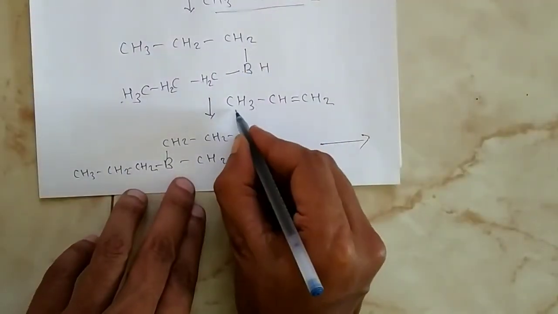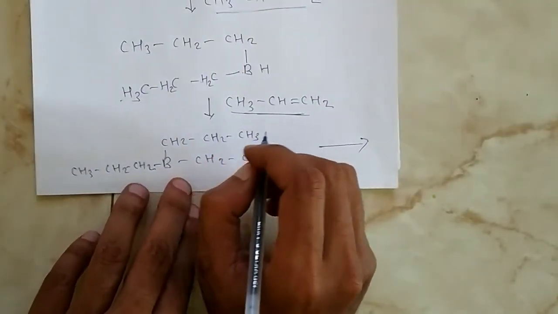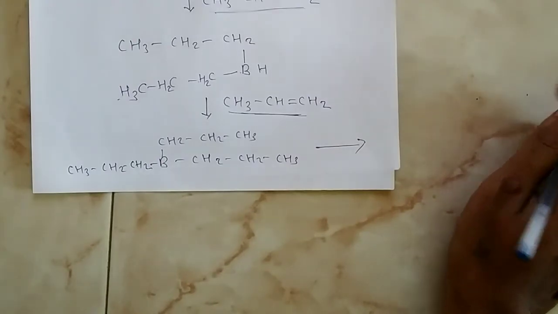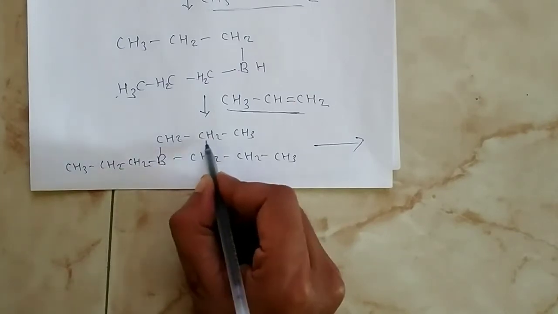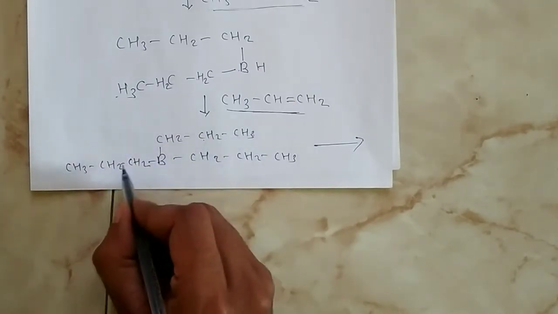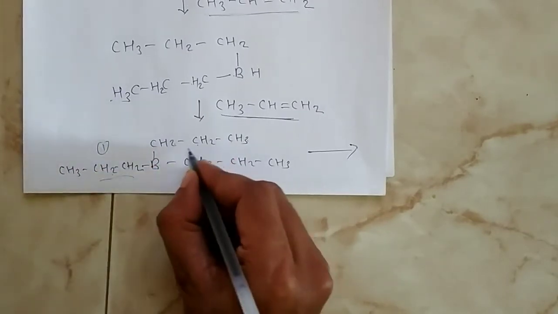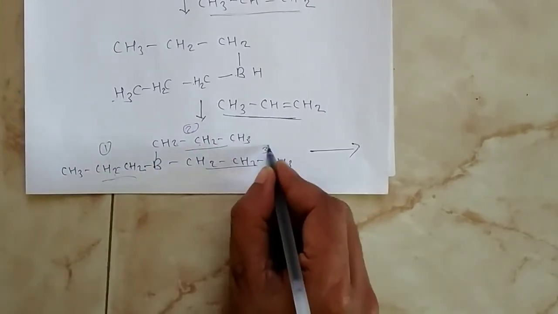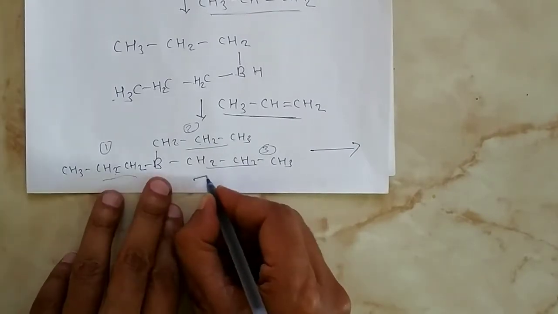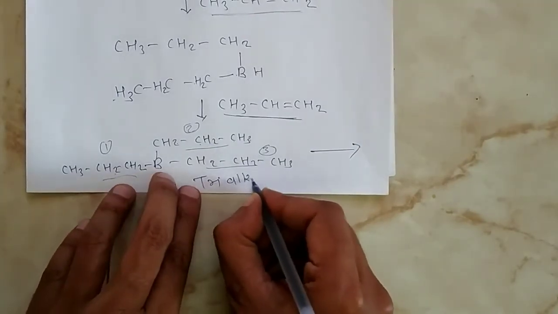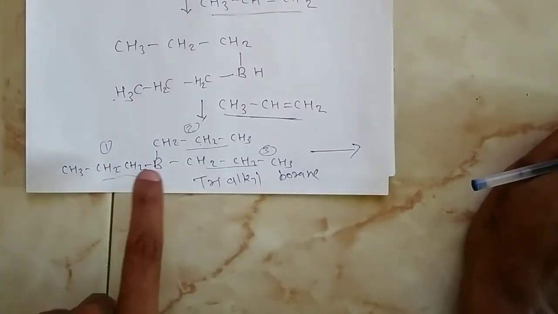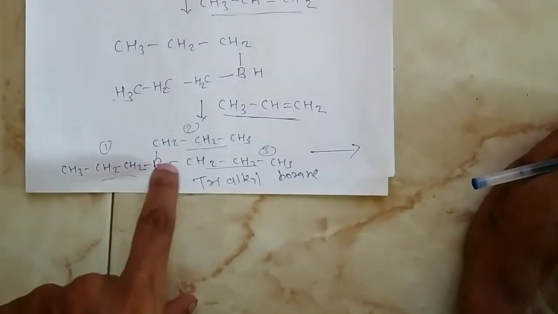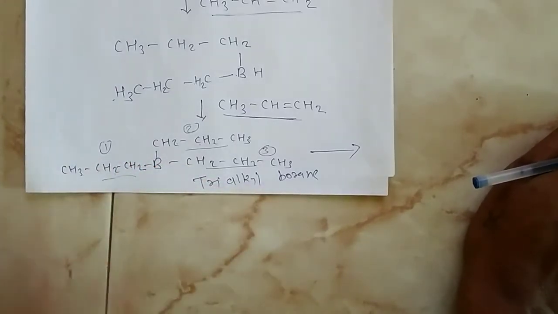Similarly, a third molecule of alkene will react with boron. So it will give us B(CH2CH2CH3) thrice. You can see this is the first time, second time, third time. So it is trialkyl boron. This is our step 1 of the reaction.